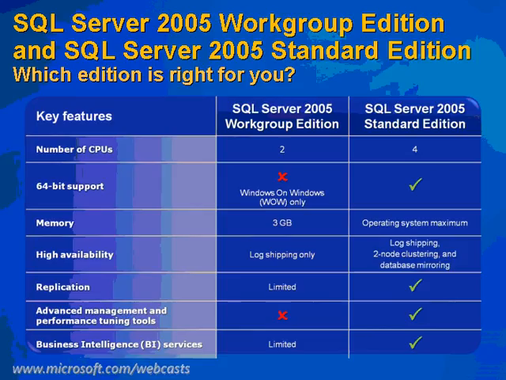That means if you try to install the Workgroup Edition on Windows 64-bit, it runs, but only in the 32-bit mode. That's what Windows on Windows, or WoW, means. It won't take advantage of the native 64-bit for its operation, whereas the Standard Edition gives you the ability to execute in the 64-bit native mode.